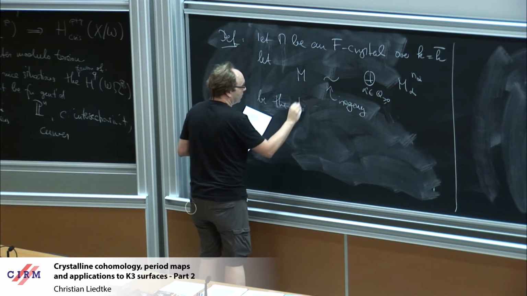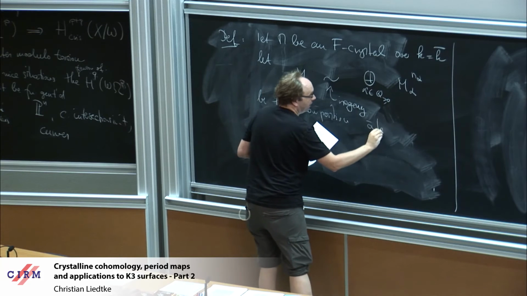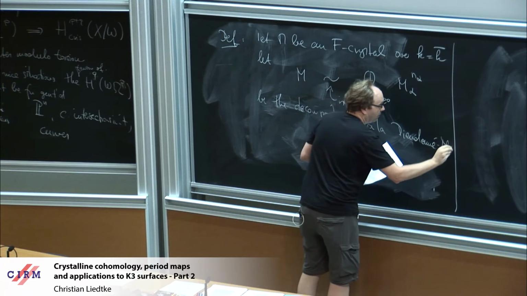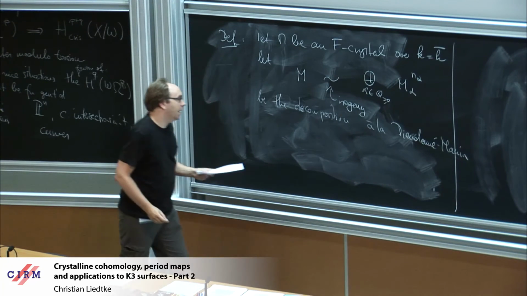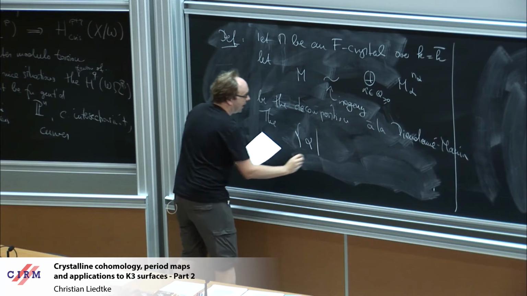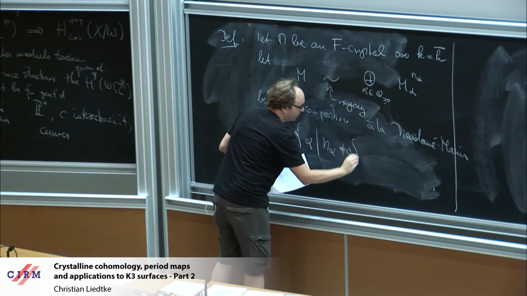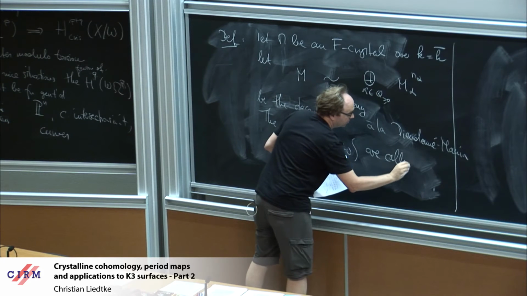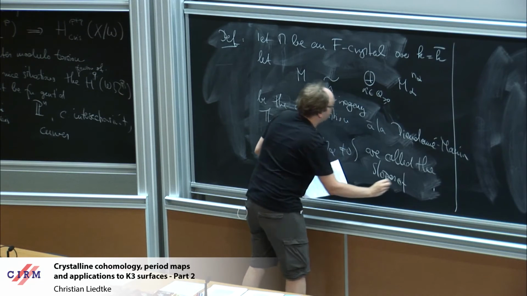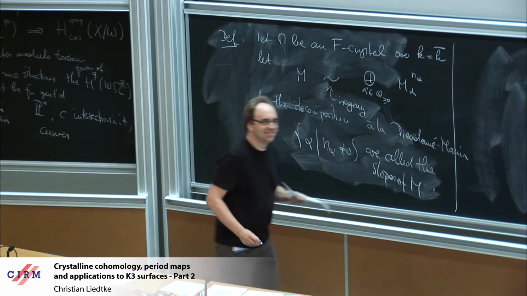So the decomposition, say, under Dieudonné and Manin. And then the set of those slopes that actually occur are called the slopes of M. And so we are getting closer to Holger's question.